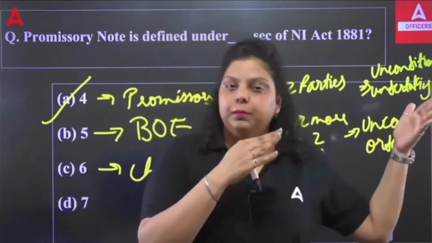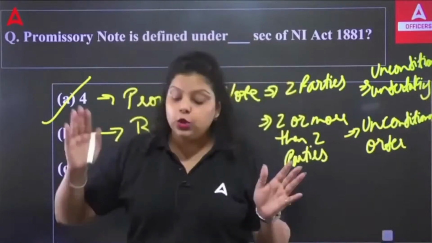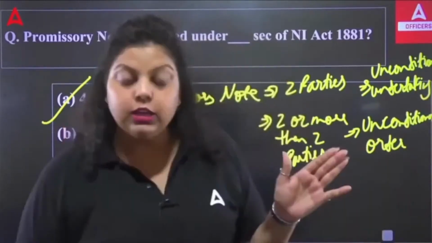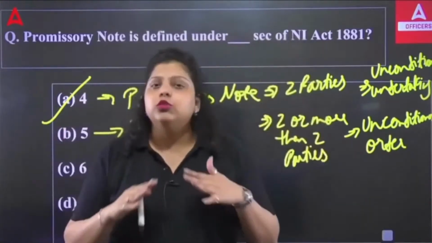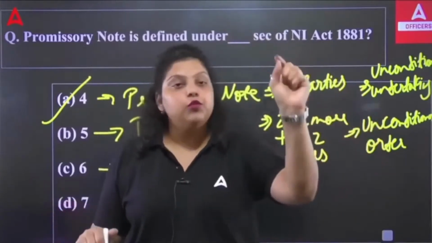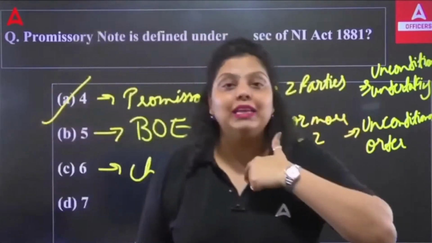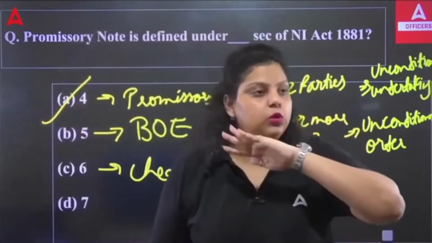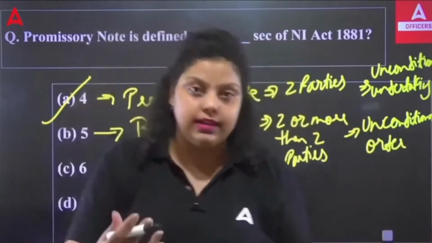No such condition you can add. You can't say that I will pay you on 30th of August if on that date it was raining. No such conditions are allowed in the promissory note. If you have promised to pay on the 30th of August, you are taking an undertaking that no matter what, I am responsible and I will pay your money on the 30th of August. This is the unconditional undertaking.